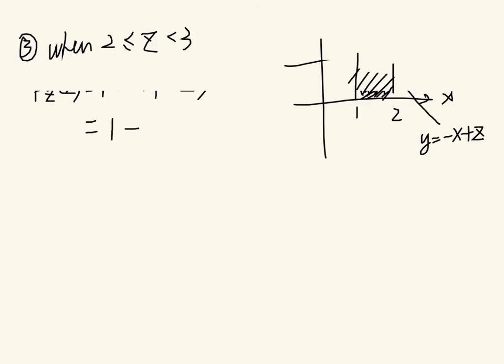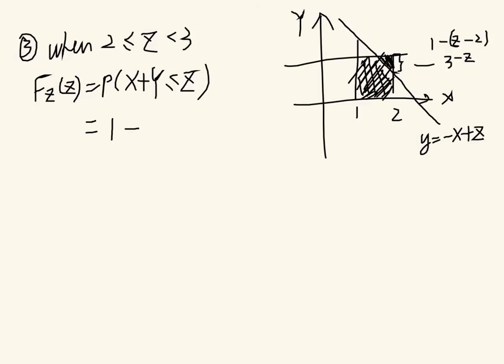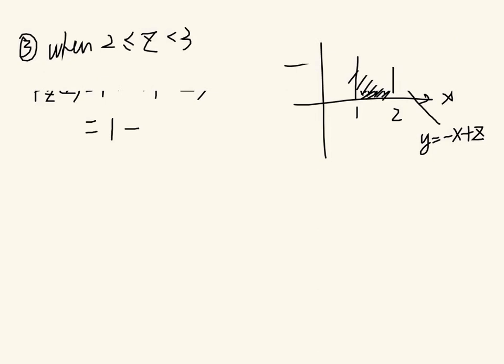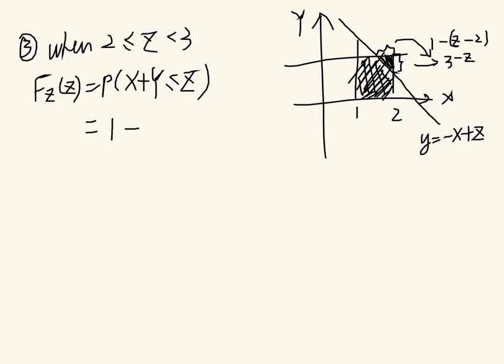So this length is 3 minus z, and this is equal to this length. So we got that this is half of 3 minus z squared.